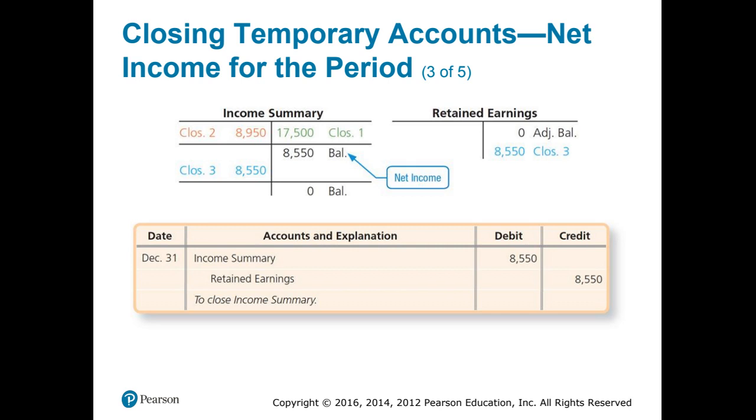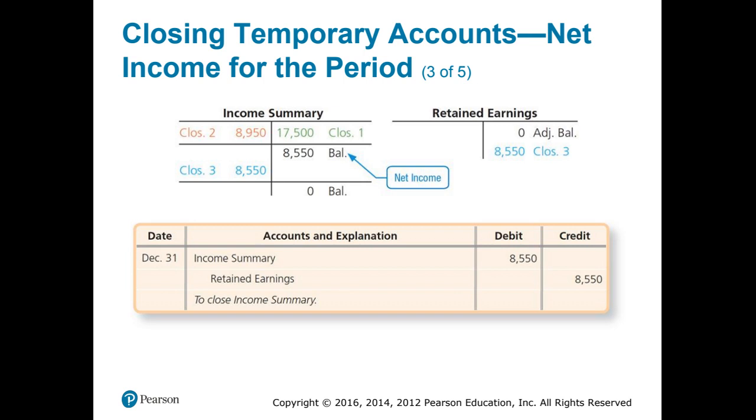So we're debiting out of the income summary here. This is what close 3 is, which is on page 194. And so since we're debiting out of the income summary, we're going to credit into retained earnings. Notice that this closing entry, in effect, increases the retained earnings account for the net income period.